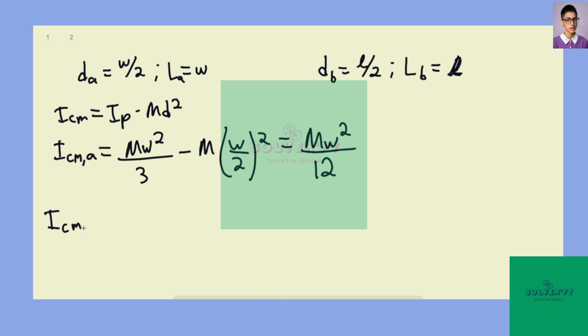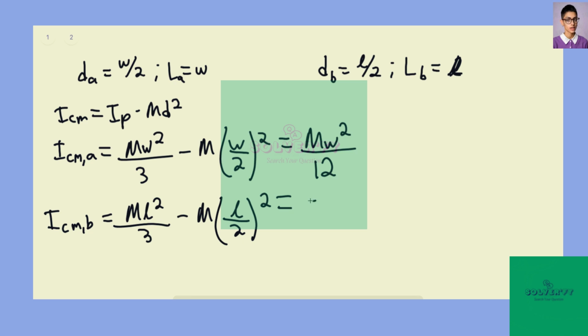And I_CM of B would equal ml squared over 3 minus m(l over 2) squared, and this is going to equal ml squared over 12. So these will be your answer for the solution. This is the solution to this problem right here.